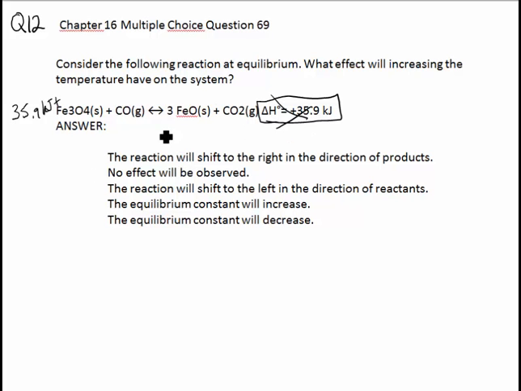So in this case, this is on the reactant side. We increase the temperature, so to reduce that amount of heat, it can consume heat by making products. So this reaction will shift to the right in the direction of products. Now, in fact, the answer is also true that the equilibrium constant will increase because products increase. But the answer that's the correct one that we think about is this one. The reaction will shift to the right in the direction of products.